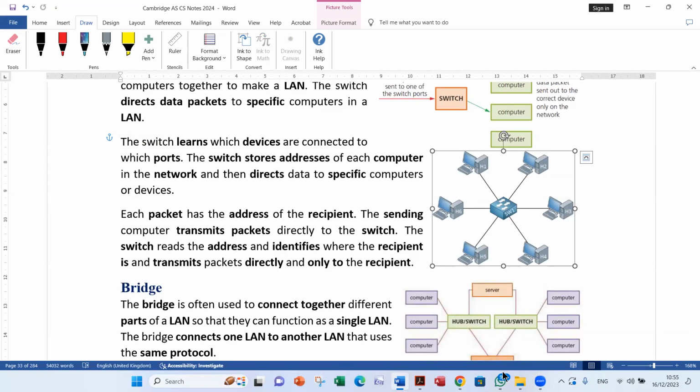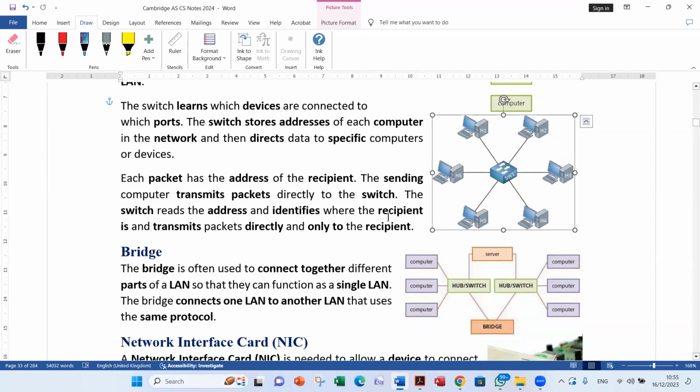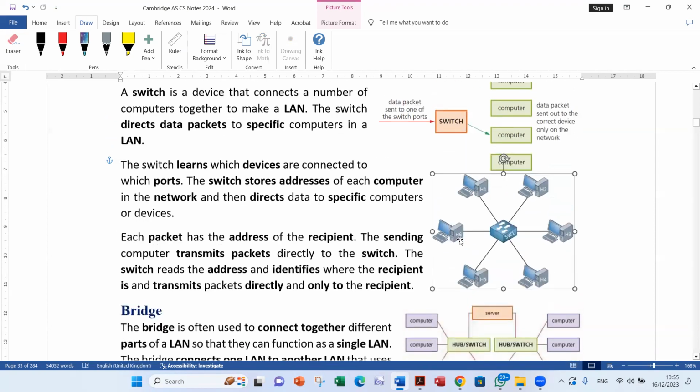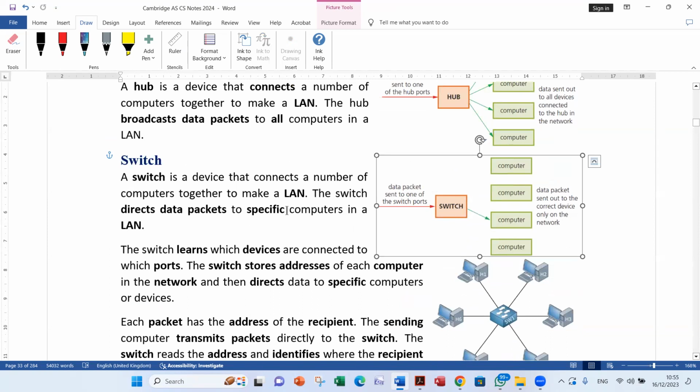You should have studied about data packets in O-level computer science, and maybe also in O-level ICT. Okay? The switch reads the address and identifies where the recipient is and transmits data packets directly to and only to the recipient. So the switch is much better than the hub.